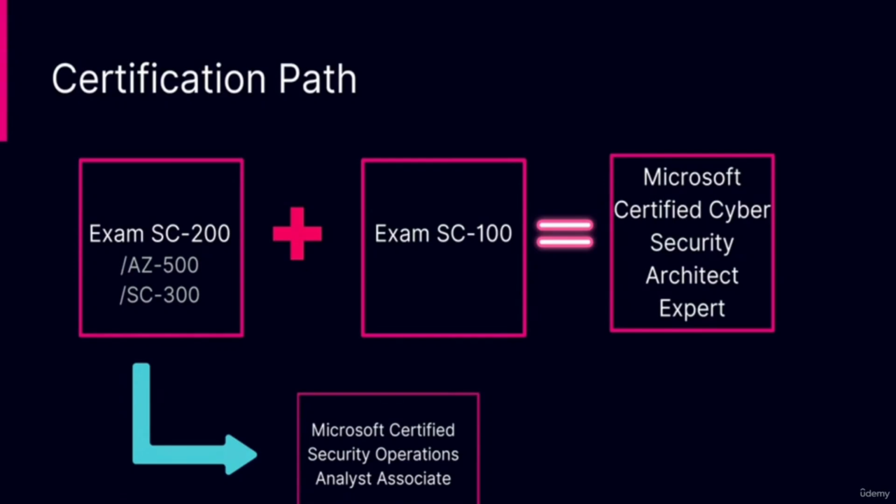And after you pass this exam, you can take the SC-100 exam, and the combination of SC-200 and SC-100 will give you the Microsoft Certified Cybersecurity Architect Expert certification. Now, keep in mind that you don't necessarily have to take SC-200 as a prerequisite to the SC-100 exam. You can also take AZ-500 or SC-300.